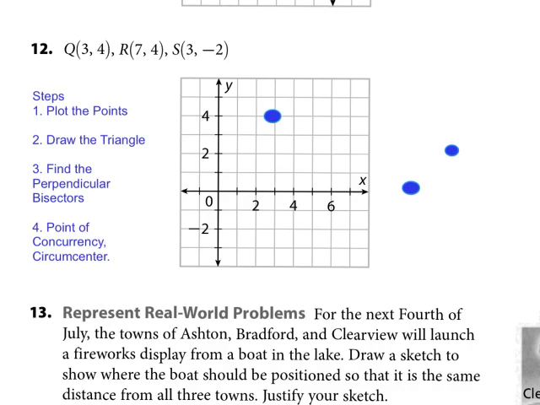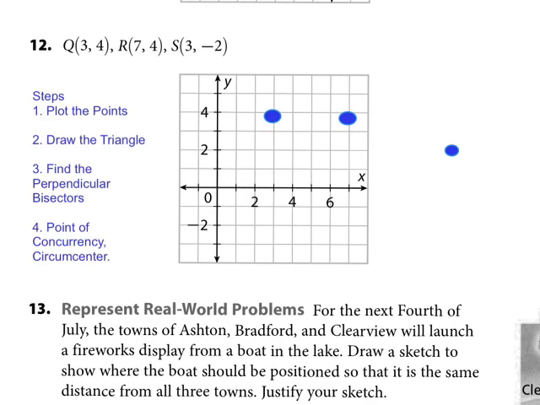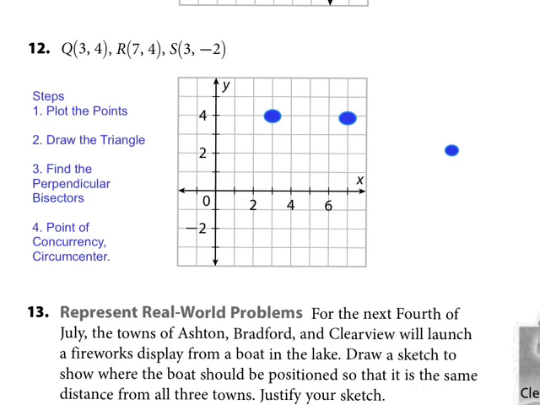Then we're going to plot the point 7, 4. And lastly, we're going to plot the point 3, -2. So all of my points have been plotted. Next, I connected all the dots to form my triangle.